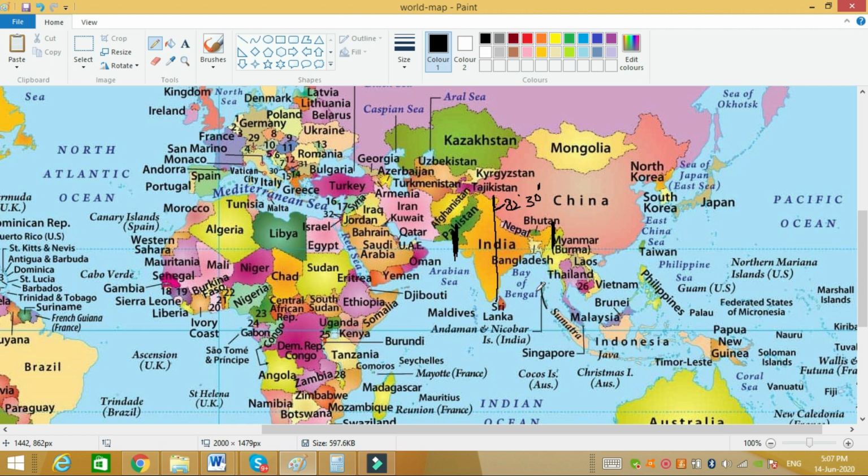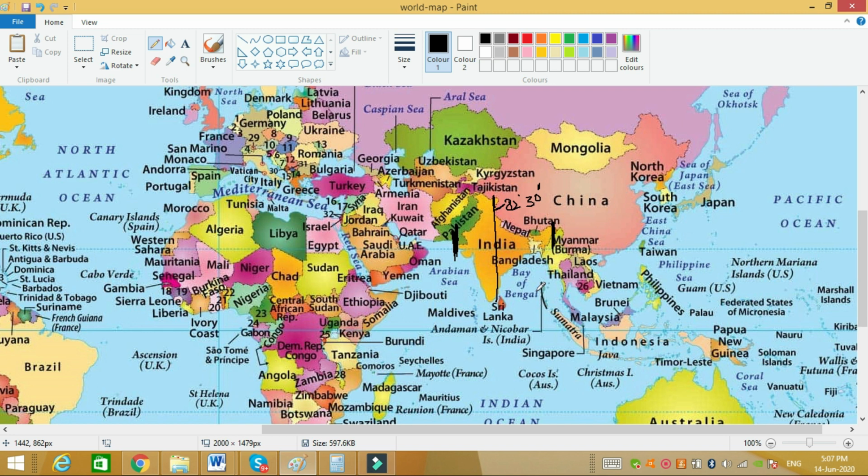I hope you understand the importance of this standard meridian, and this is the only value by virtue of which we have a common standard time throughout our nation.